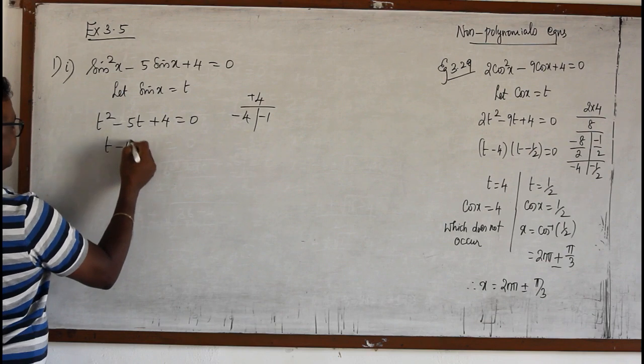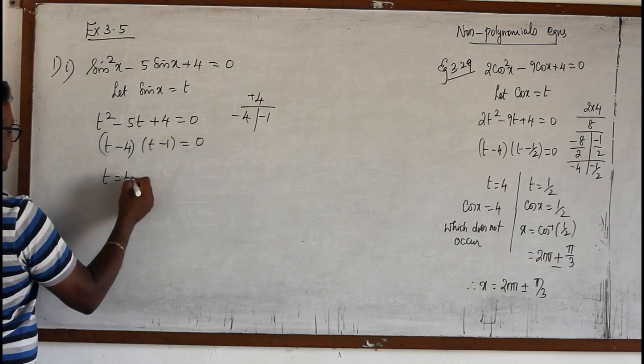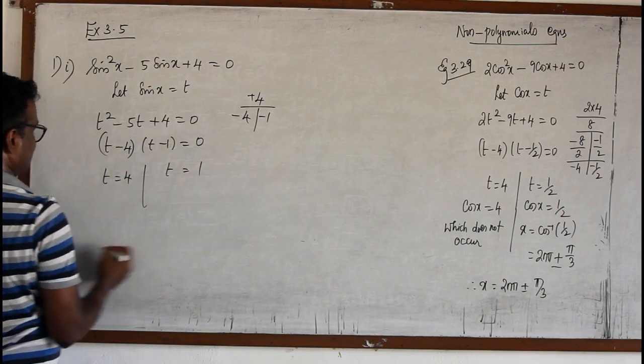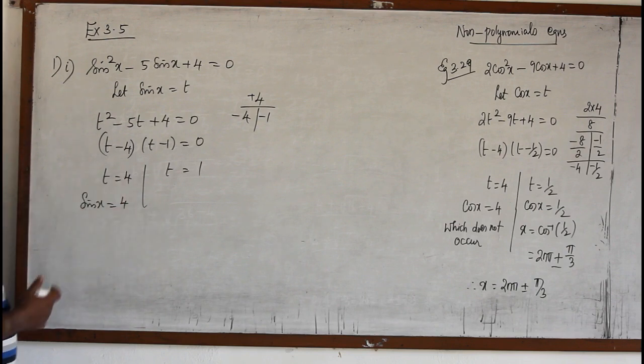So it is t minus 4 into t minus 1 equal to 0, t equal to 4, t equal to 1. T equal to 4 means sin x equal to 4. The maximum value of sin is 1 only, so which does not occur.